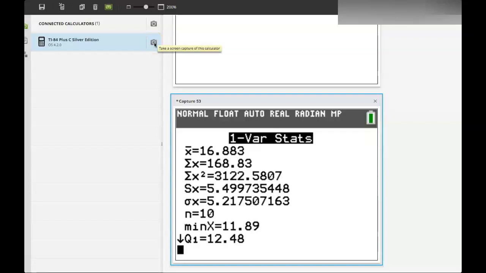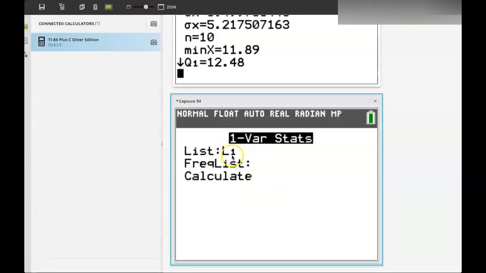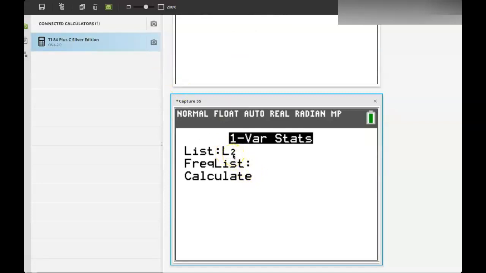Now again, repeat that. Now I want to find Y bar, which is based on the second column. So I should have L2 instead. So press second, 2. Now I have L2. And after that, you can press enter, enter, enter.